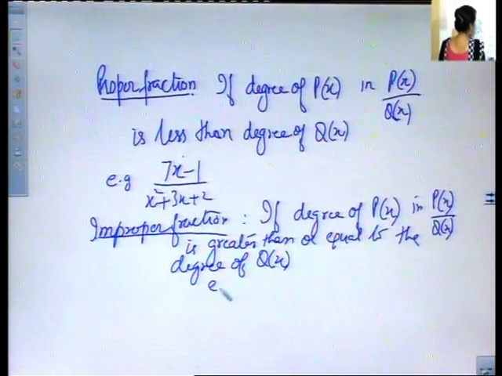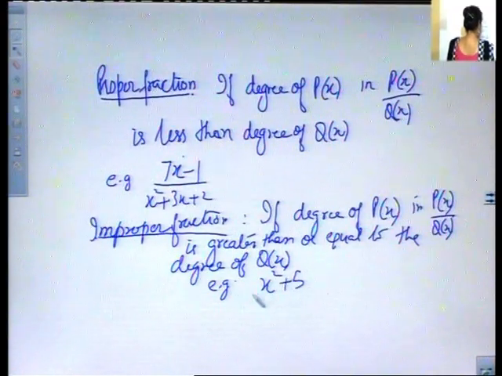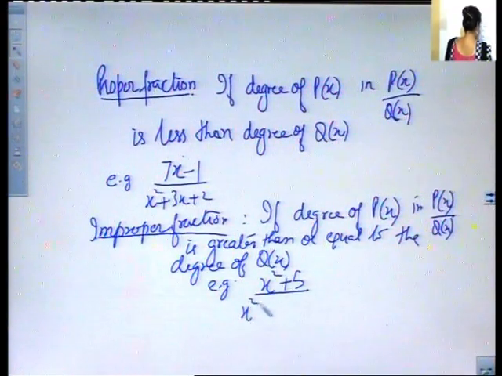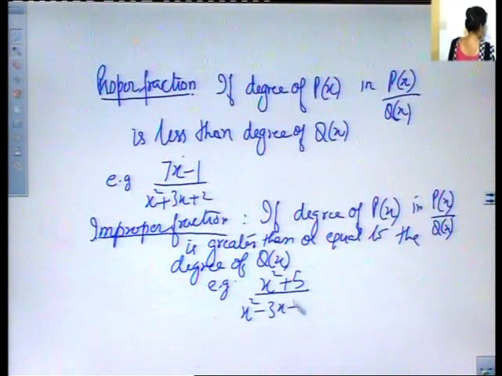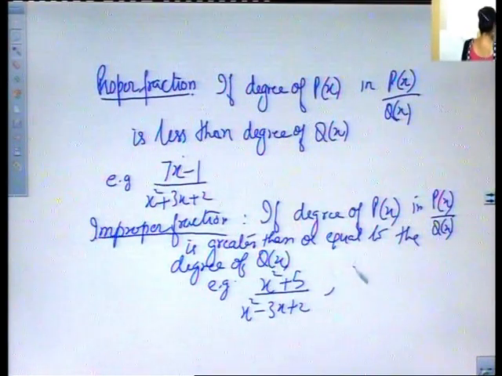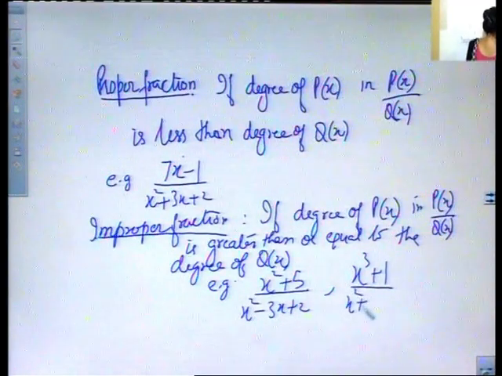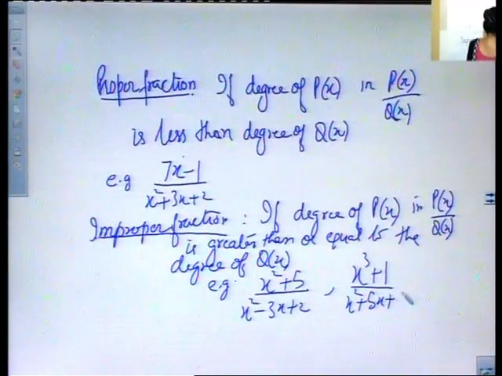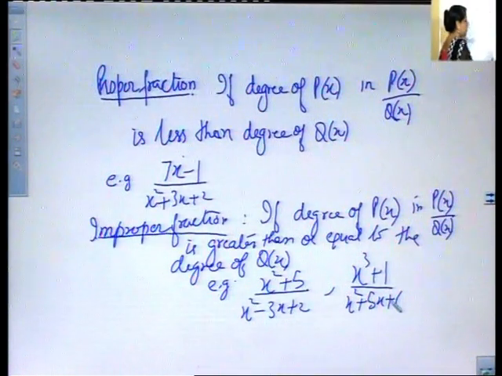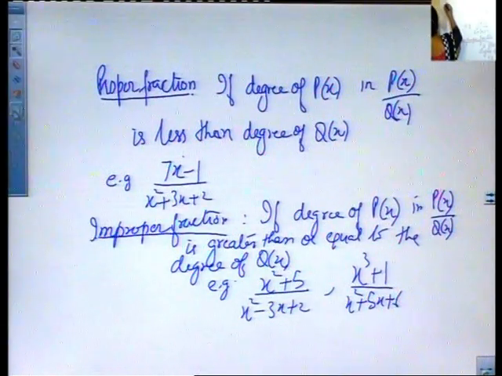For example, x square plus 5 upon x square minus 3x plus 2. In this case, the degree of the numerator is 2, the degree of the denominator is 2. Therefore, this is an improper fraction. Next is x cube plus 1 upon x square plus 5x plus 6. Here the degree of the numerator is 3 and the degree of the denominator is 2, which is greater. Therefore, this is an improper fraction.